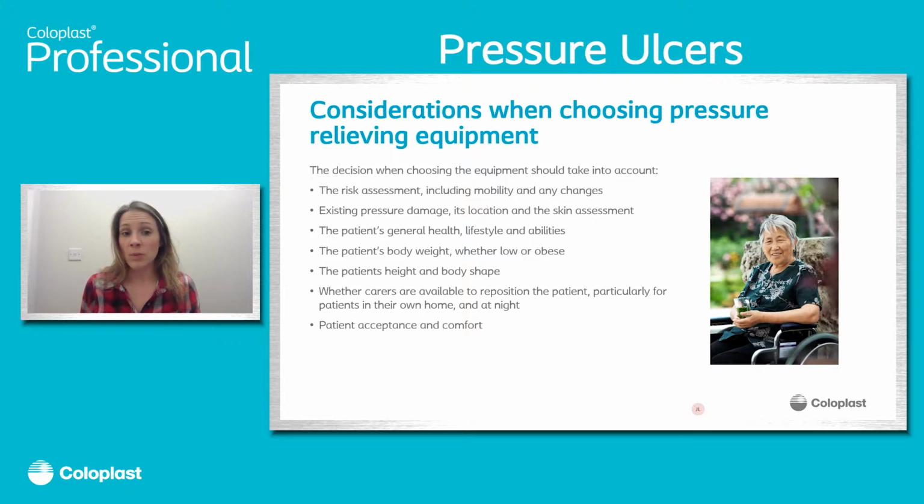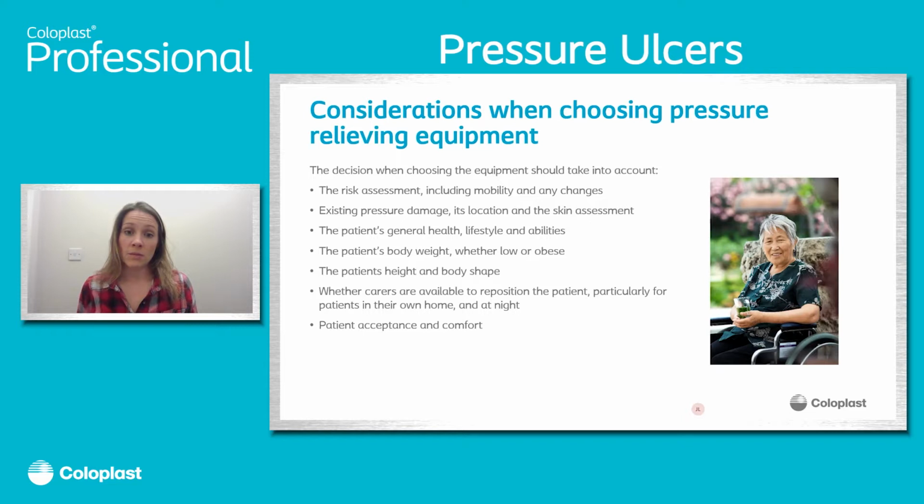The patient's body weight and body shape. Have we got equipment that's suitable for their body weight? Do they have a very high BMI? In which case, will our equipment support and still provide that pressure relief that we're hoping it will?